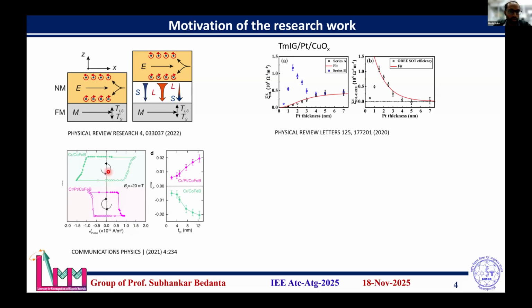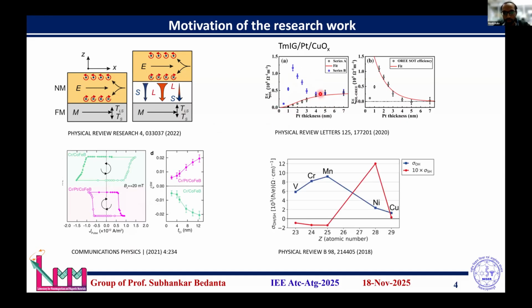One used chromium for the generation of orbital current and enhanced the orbital torque efficiency. Another example is a TmIG/Pt copper oxide sample. Here they showed that using copper oxide, one can increase the efficiency way higher than the normal platinum case. So why we have chosen chromium is the following.